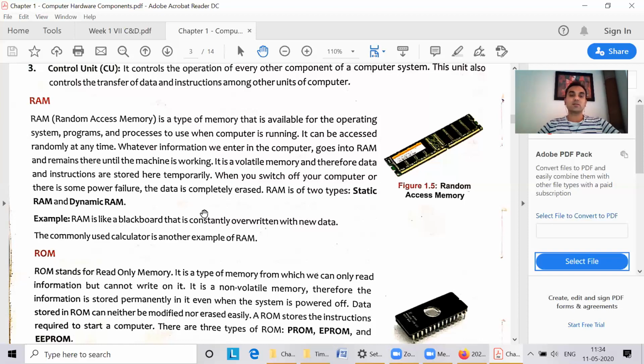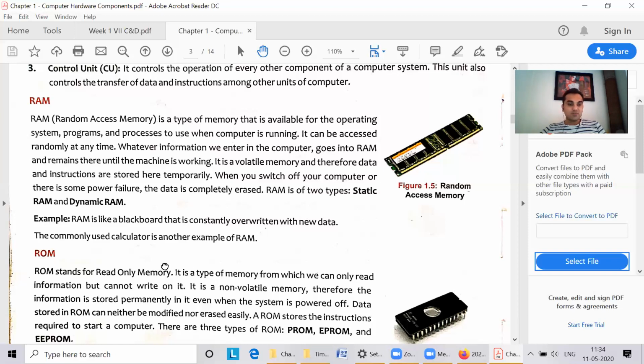So here consider the example of a whiteboard. When the next teacher comes, the previous teacher or the next teacher will erase the data from the whiteboard and overwrite it again on the same whiteboard. So that whiteboard is a memory where we write. That is called RAM.